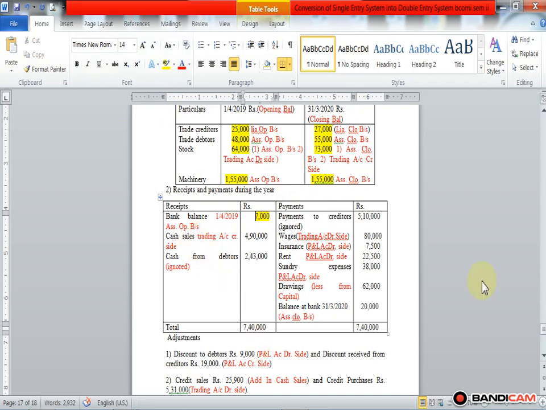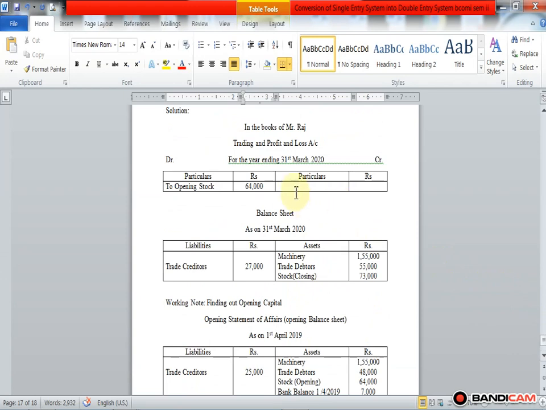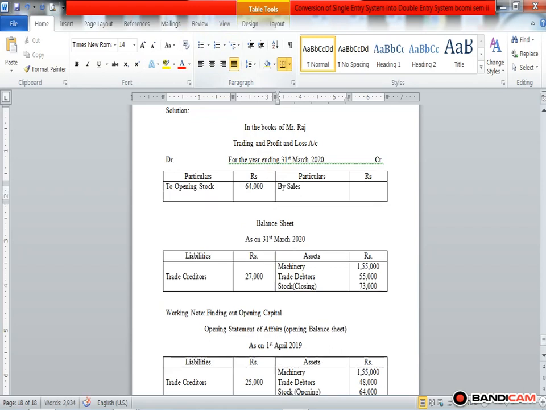Then read one by one. Cash sales is posted to the trading account credit side: sales (in brackets, or on the next line, cash sales). Write the amount in the inner column, that is rupees 4,90,000.